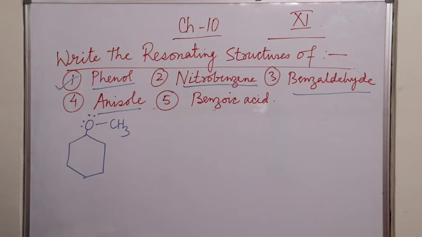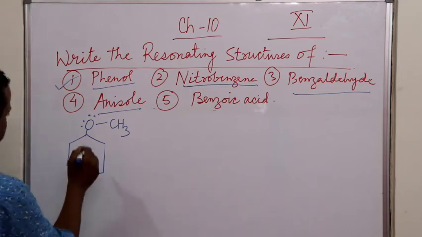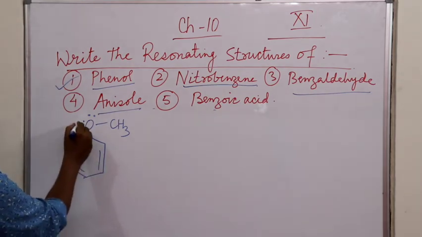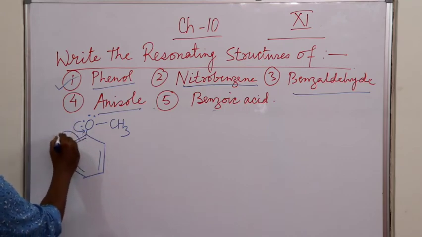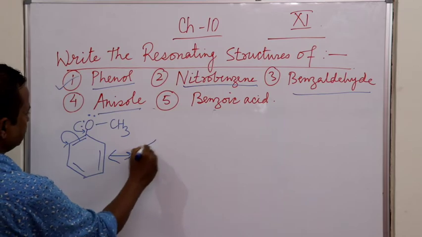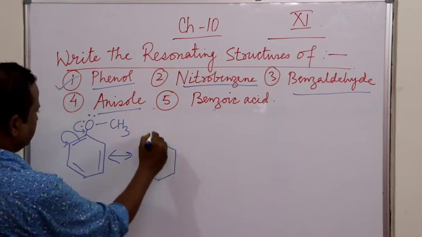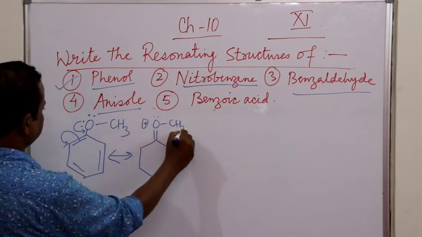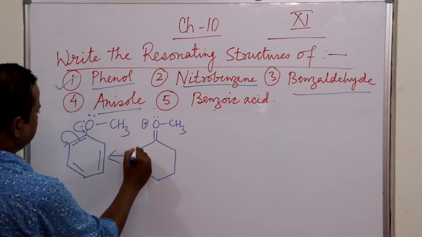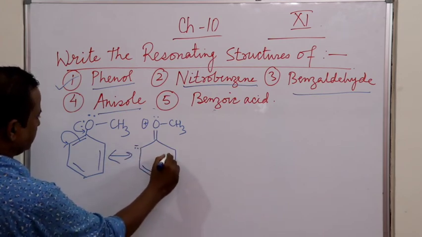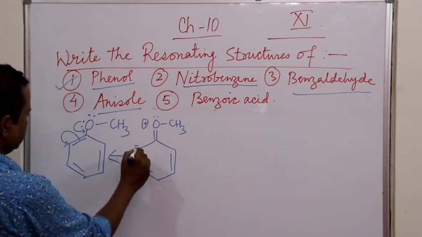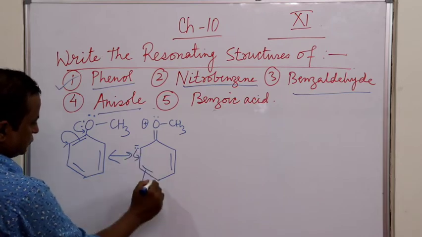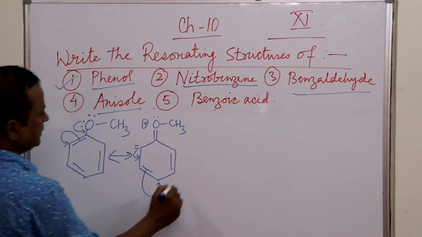So what will happen? Let us take these double bonds. This will give its electron here, this has to shift here, so a double bond will be formed here, plus charge will come here, and these pi electrons. Next, these pi electrons will attack at the adjacent position, and the pi electron next to it will attack at the adjacent carbon.